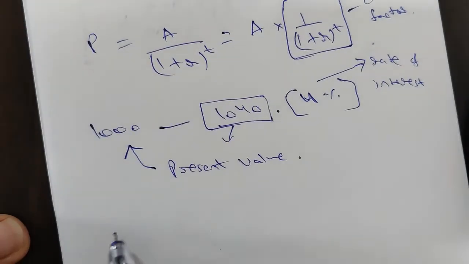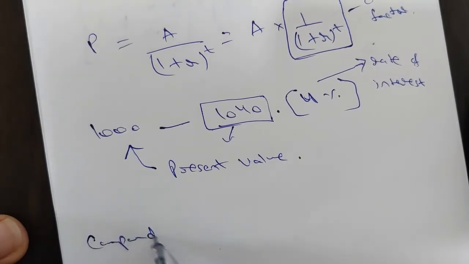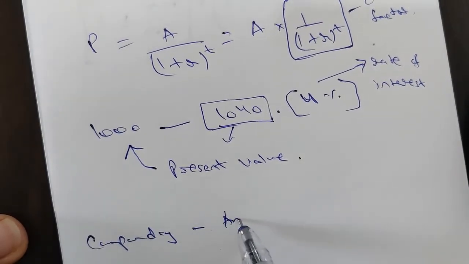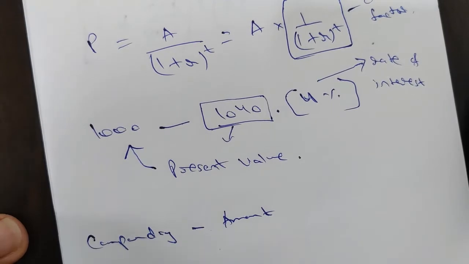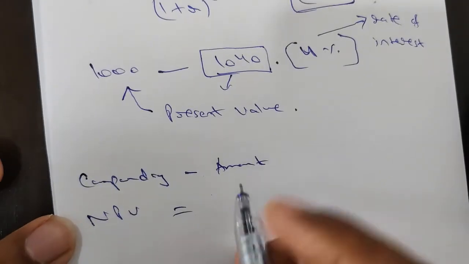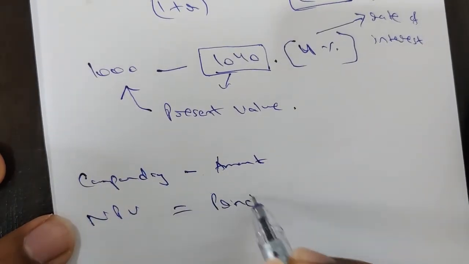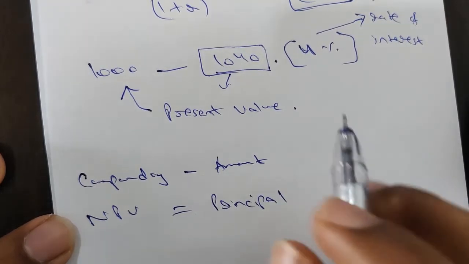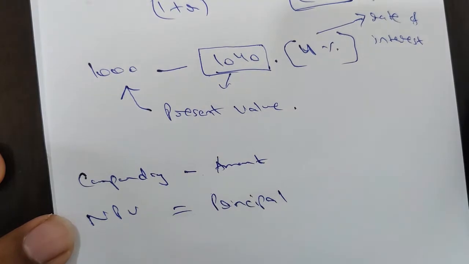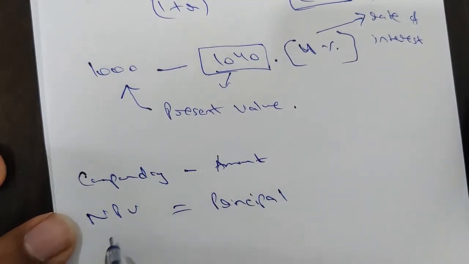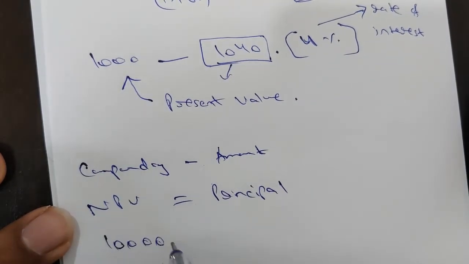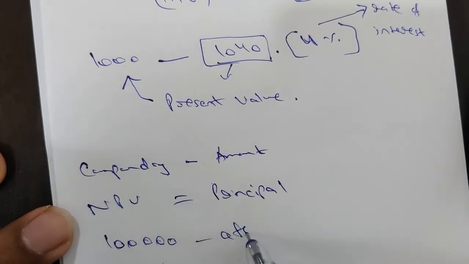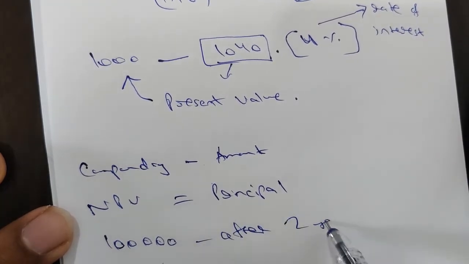See, in compound interest, what we are doing, we are finding the amount. In NPV, we are finding the principal. So just to give you a flavor, suppose I get 1 lakh after 2 years.